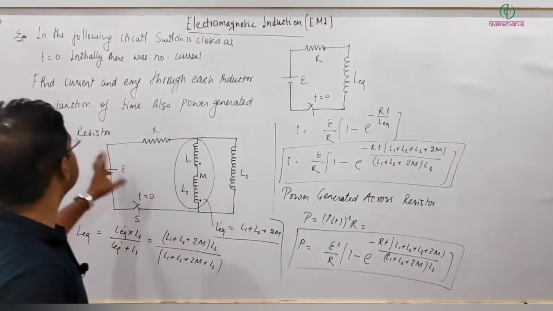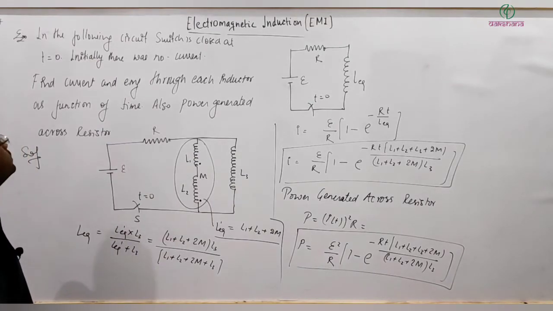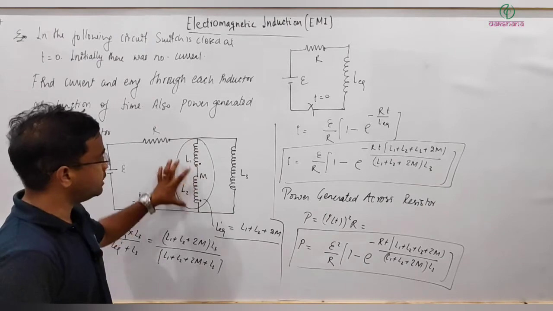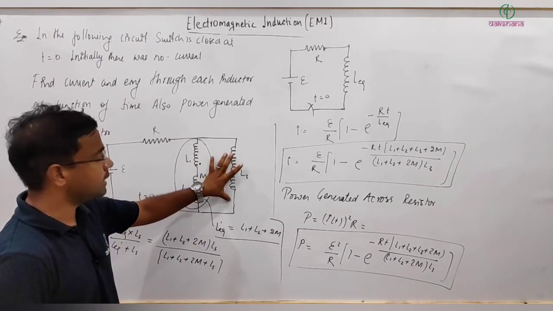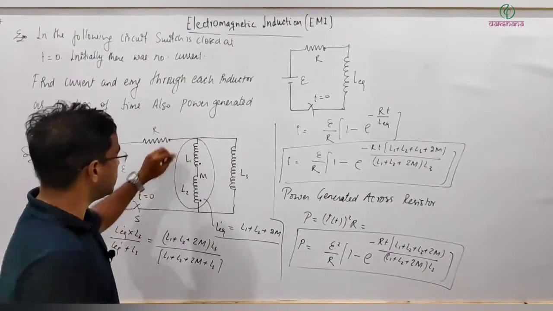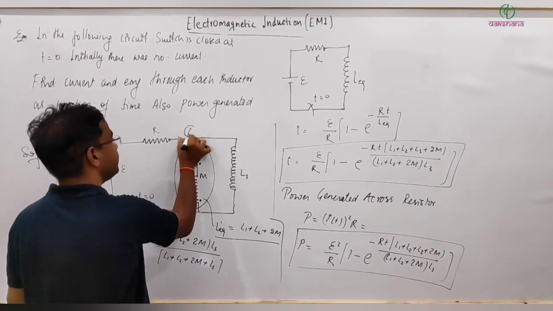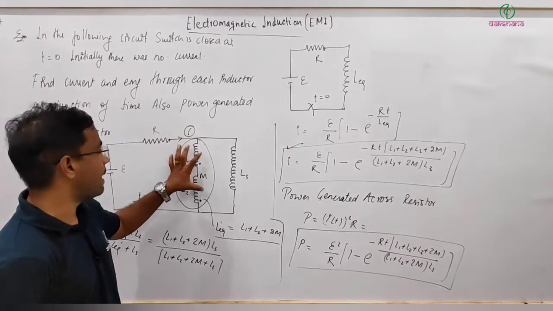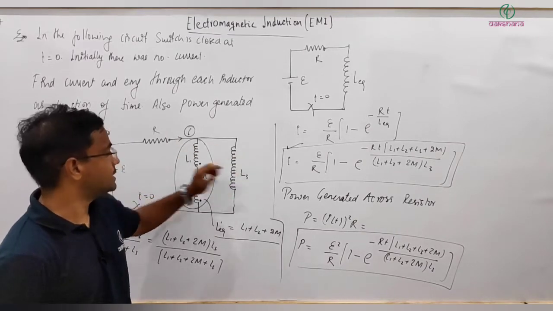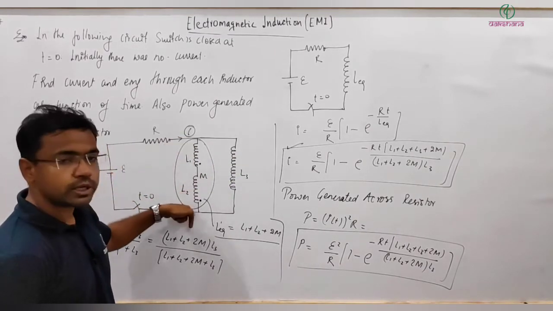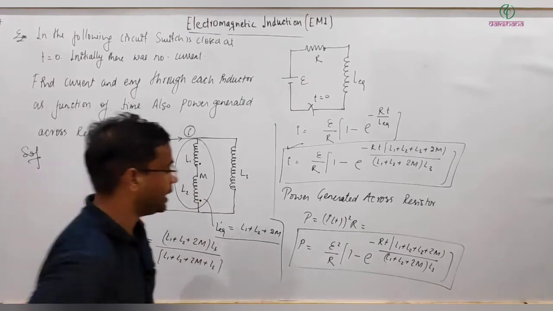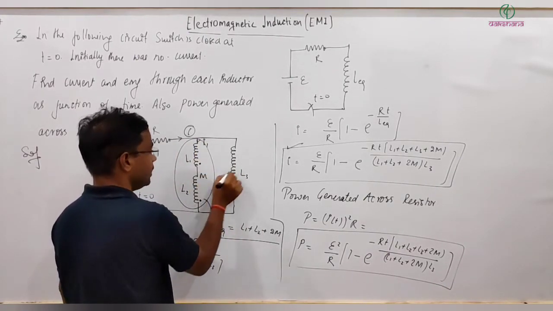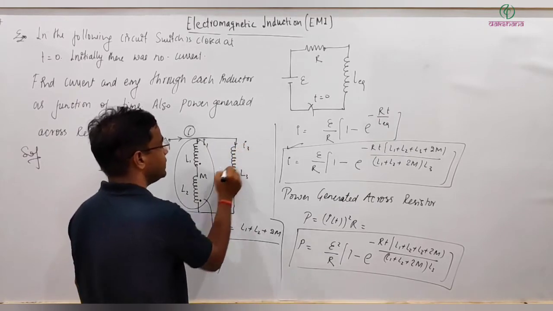Okay. The next point is asking for the current through each inductor. We have L equivalent 1, and here it's L3. I got the total current I as a function of time, given by this. This current is divided in parallel, across this and this, and in these two inductors the current will be the same. Let's say I1 and here I3.